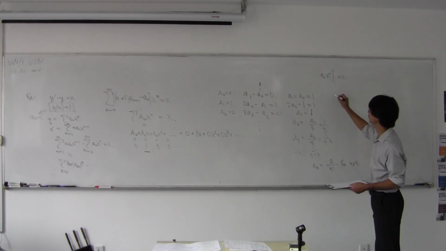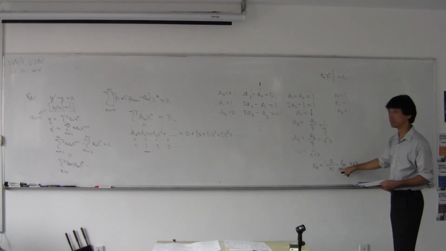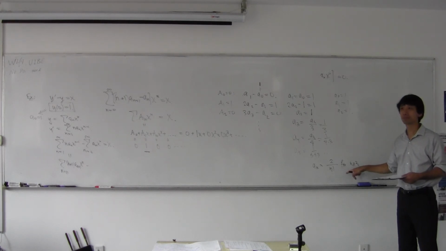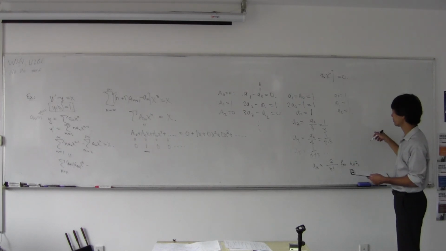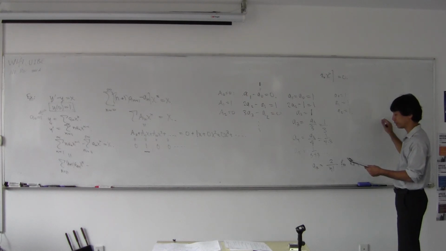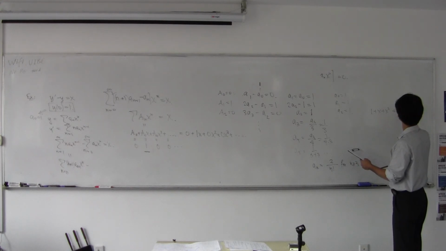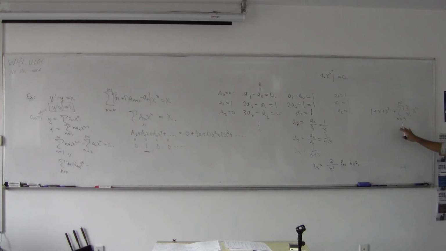So the first three terms, you get a0 is 1, a1 is 1, a2 is 1. And then after that, it's going to be 2 over n factorial. Okay, so what you end up with is 1 plus x plus x squared plus the sum of 2 over n factorial, x to the n, from n equals 3 to infinity. So that's your answer.